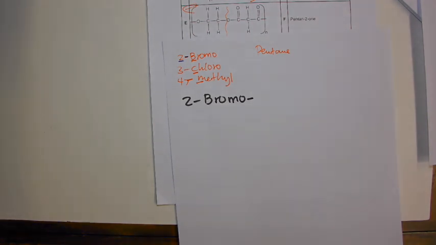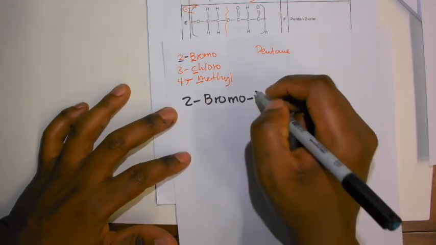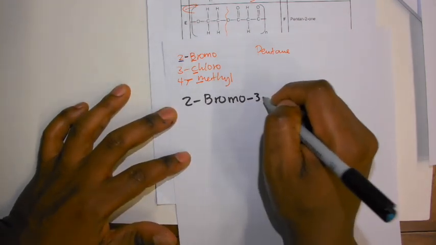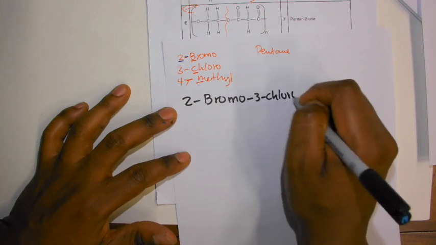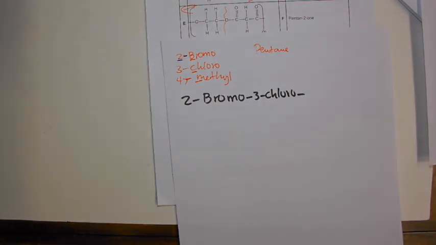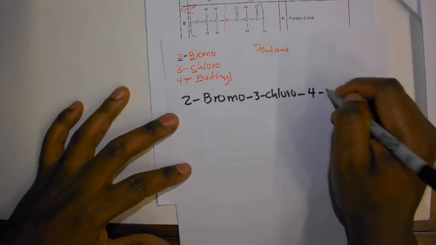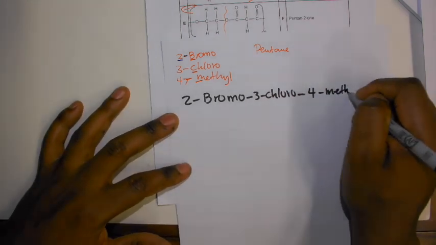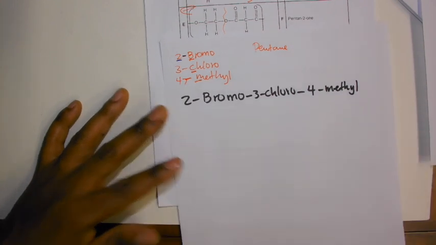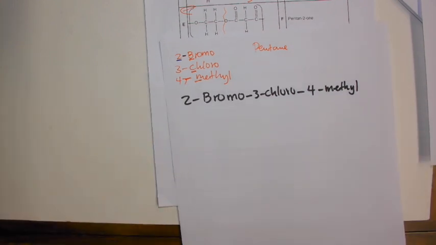Is it the chloro or the methyl? And then you say, how much is it? 3 what? 3-chloro, and then the methyl is position number how many? And then you come back and say this is 4-methylpentane. Do you guys understand that?